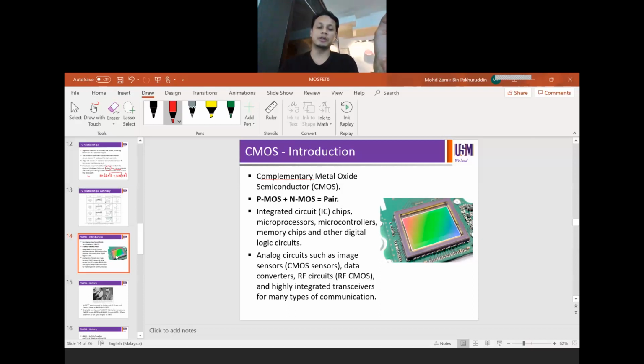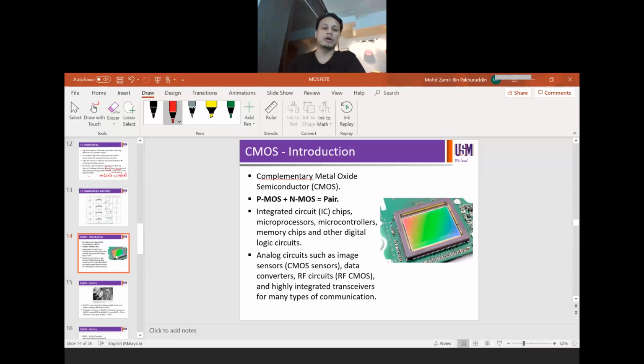Why do we call it CMOS? Because a CMOS circuit has a combination of PMOS and NMOS. Back then, in the 60s and 70s, people fabricated PMOS or NMOS separately as a discrete device, meaning just one. Now we combine them, in fact multi-billions of transistors in combination, and it makes a CMOS.